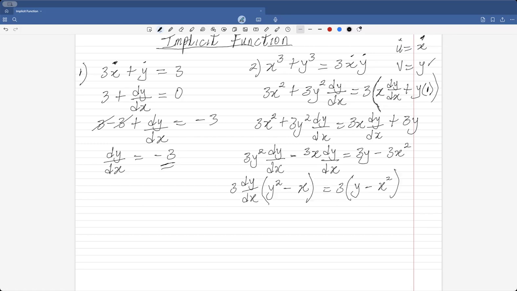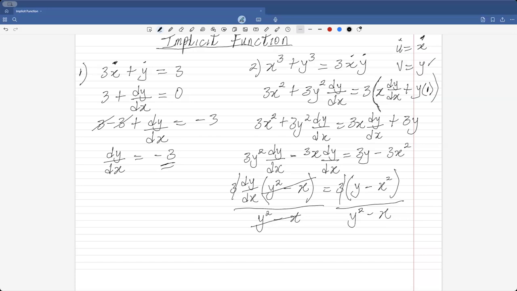There are some things we can cancel out here. 3 cancels 3. We would like to isolate dy/dx by dividing both sides by this expression, y squared minus x, so this cancels this.